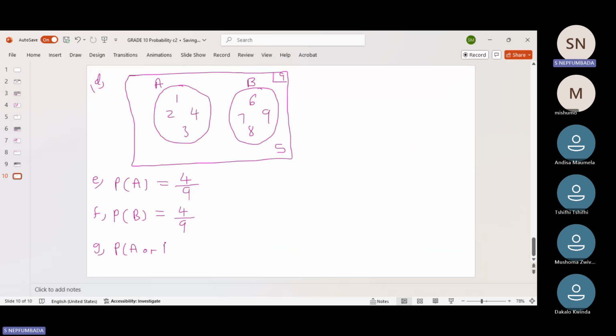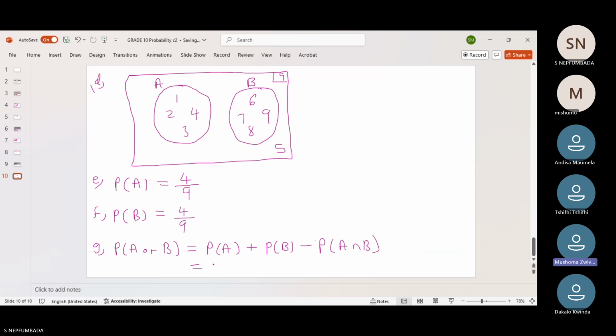The probability of A or B is equal to the probability of A plus the probability of B minus the probability of A and B. Here they didn't meet, so it's 0. Why is the probability of A and B 0?